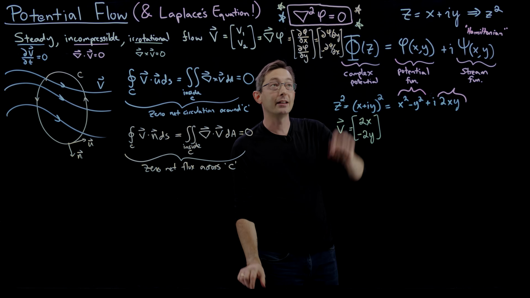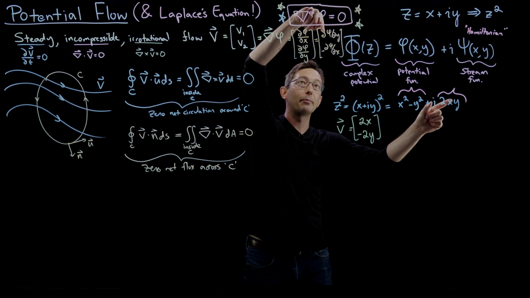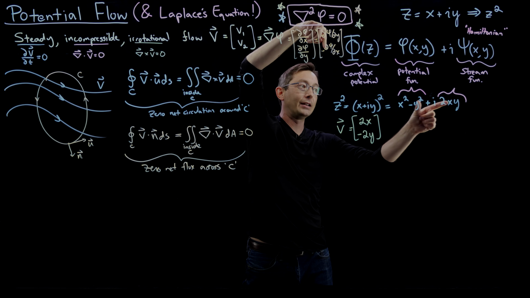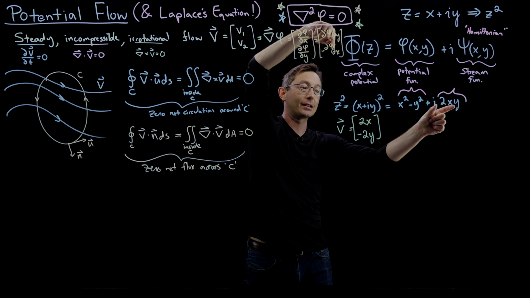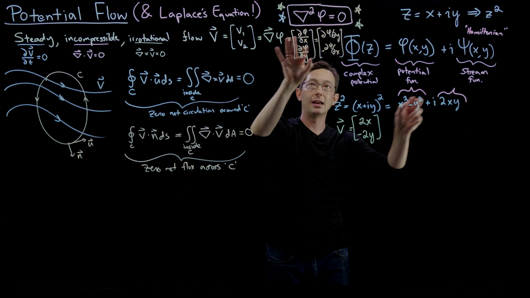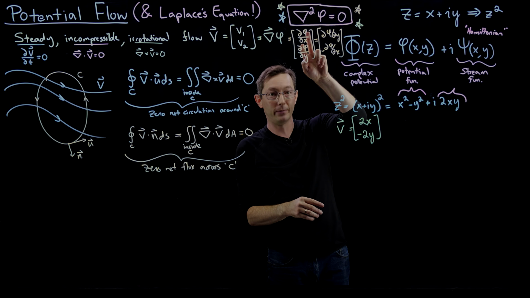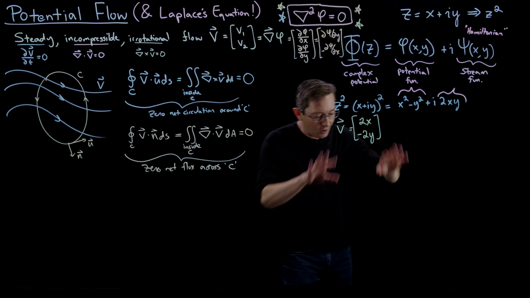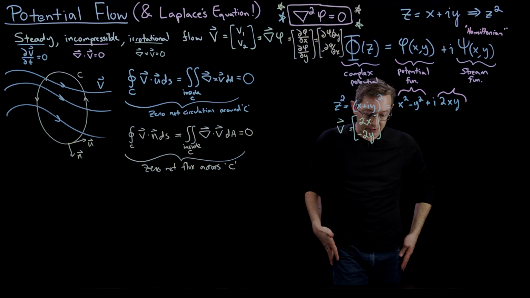Now you can verify that you can also get it from the stream function. If I take partial psi partial y, I have 2x. And if I take minus partial psi partial x, I have minus 2y. So you can get this vector field either from the potential flow or from the stream function. Those both work. And so this is actually my vector field.